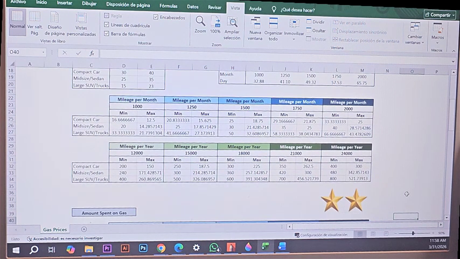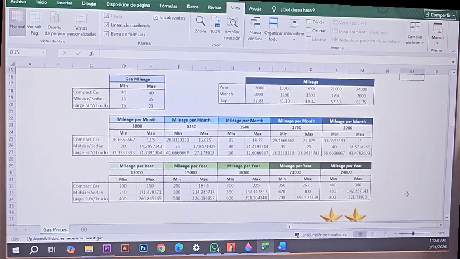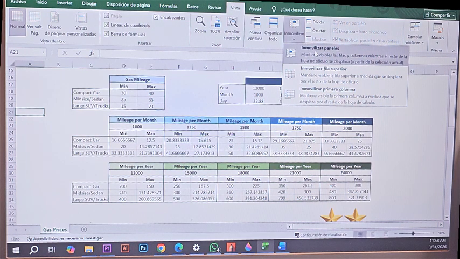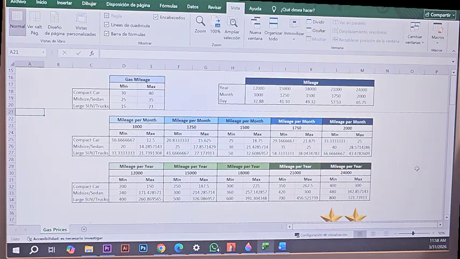So this is where things get interesting. You might say, so the large SUV, which has a lower gas mileage, is actually getting more gas savings. So why would I want a car that can drive more miles? Well, simple.